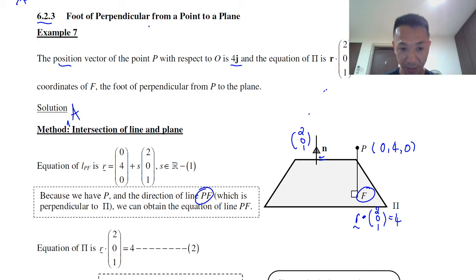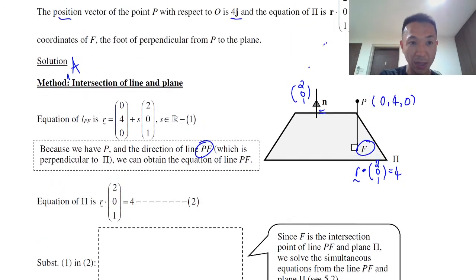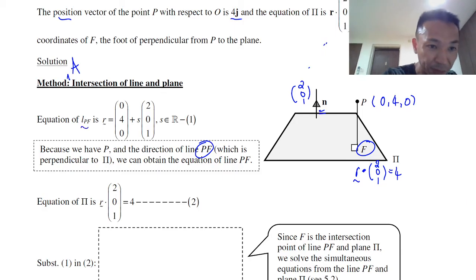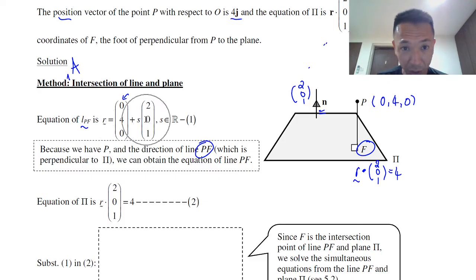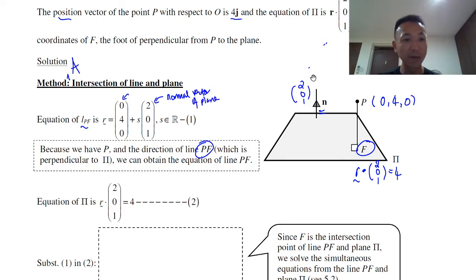Therefore, the equation of the line PF is this. (0, 4, 0) is one point on the line. The direction vector is (2, 0, 1) because this is the normal vector of the plane. Makes perfect sense. Therefore, we know the equation of line PF.